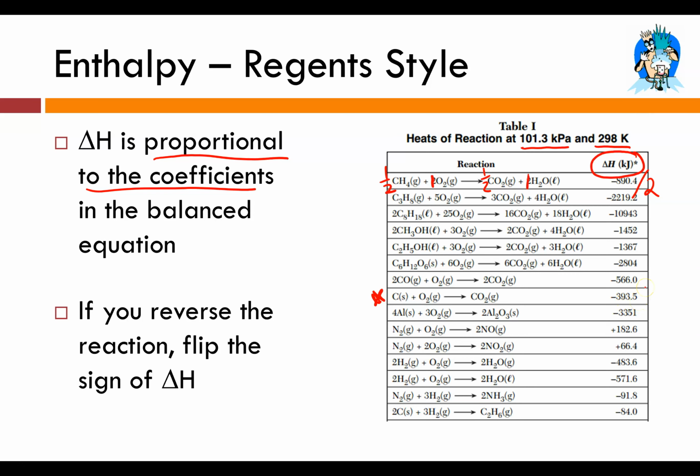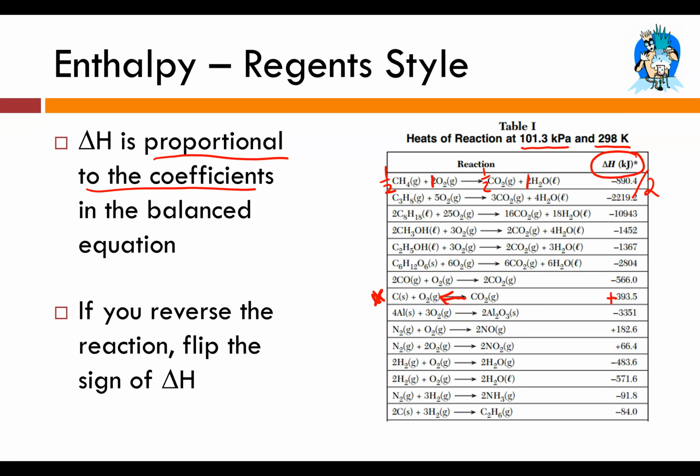If I want to go in the opposite direction, so instead of the synthesis of carbon dioxide gas, I want to look at the decomposition of carbon dioxide gas back into its elements, since I've changed the reaction direction, I'm also going to flip the sign of delta H. So if the forward reaction was exothermic, the reverse reaction has to be endothermic, and the sign of delta H would change.